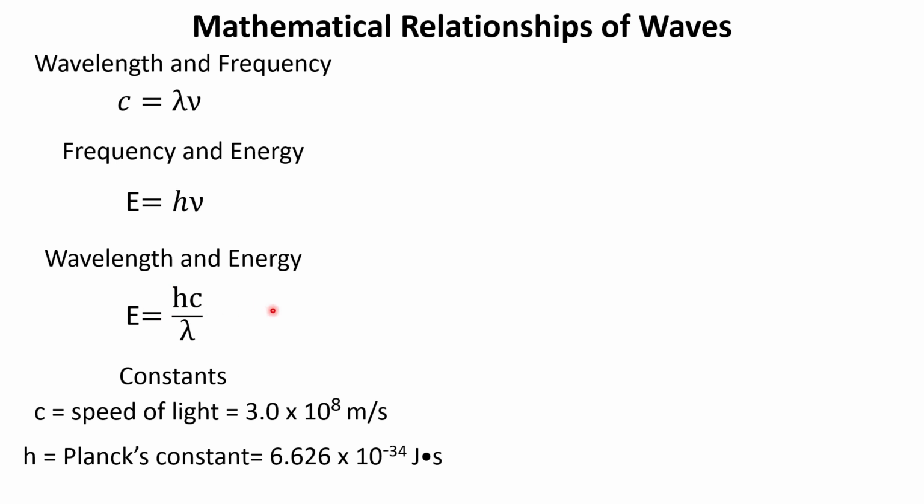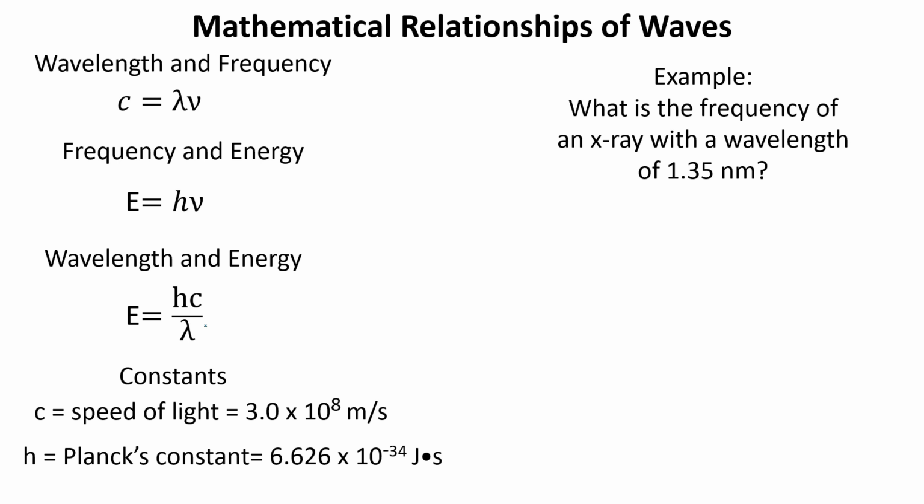Okay, let's do a quick example where we work through some math. Our question is, what is the frequency of an X-ray with wavelength of 1.35 nanometers? So we have been given wavelength and we want to calculate frequency. Looking at my three equations on the left, I'm going to want to use this equation right here. Let me just write that down.